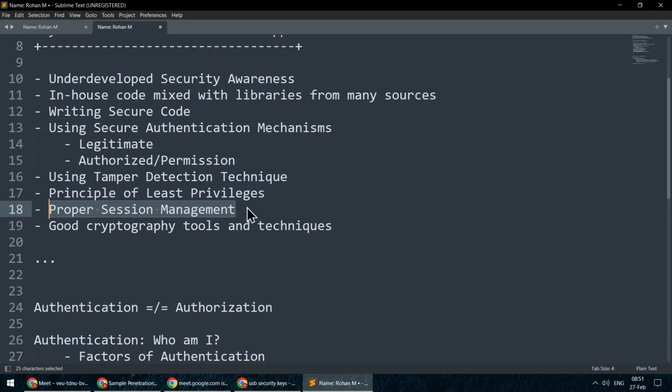Yes, sir. Session management is, as soon as you are authenticated, once you are logged in, on the server side there will be session tokens assigned to you. Every time you make a request, every time you perform any action using that session token, on the server side it will be identified who is logged in.